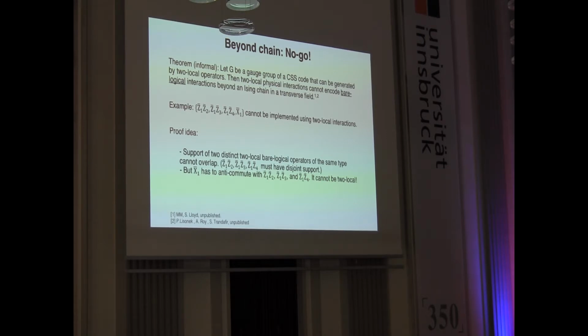They should have disjoint supports. And because X1 has to anti-commute with all three of these, it can't be too local. It has to be at least 3-local, so it intersects with the three of them at different places. That's basically the intuition of the proof. This was also done independently by Lizonek, Roy, and Trandafir.